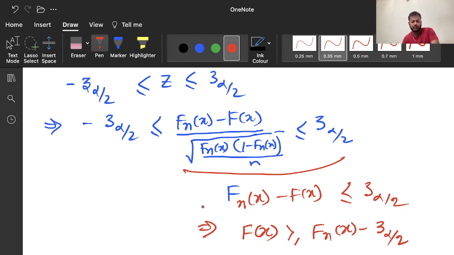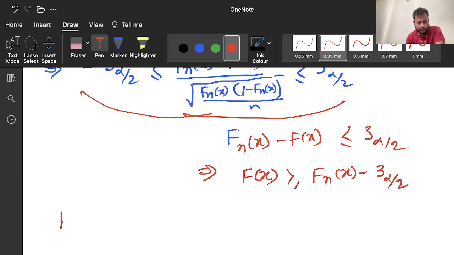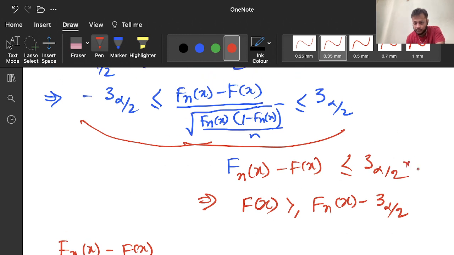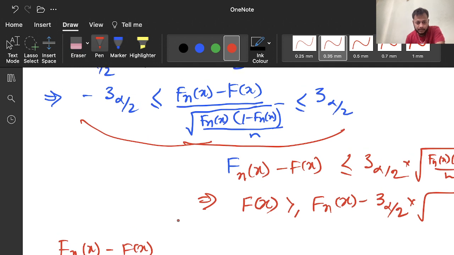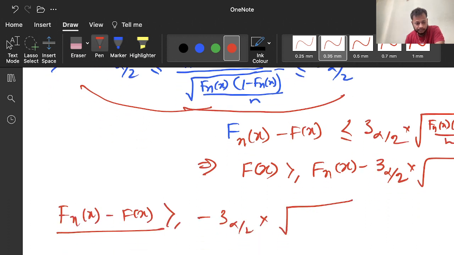So this is that, and from here what you will get is (fn(x) minus F(x)) into root over of this fn(x) into 1 minus fn(x) by n. So this is there, fn(x) is greater than or equal to minus z alpha by 2 into root over of this.